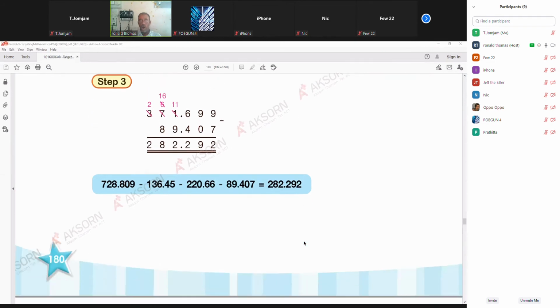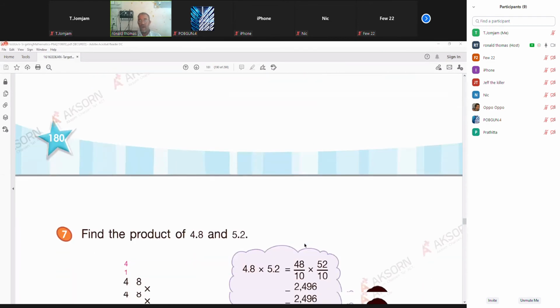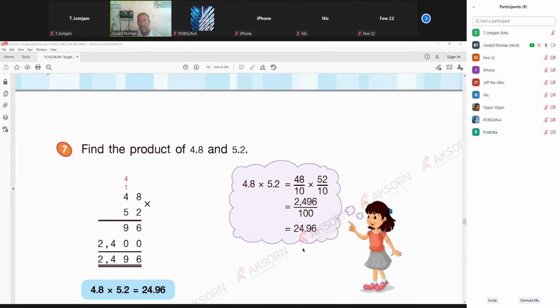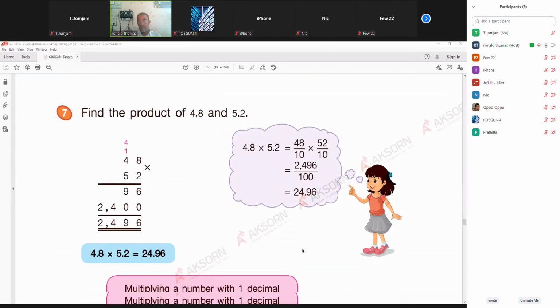Page 181. It's the same as normal plus and multiply. Now, we are going to multiply.